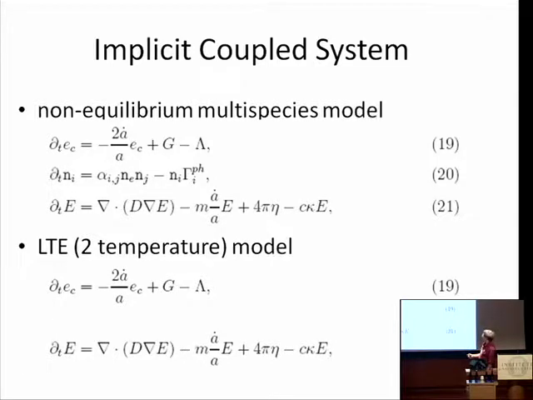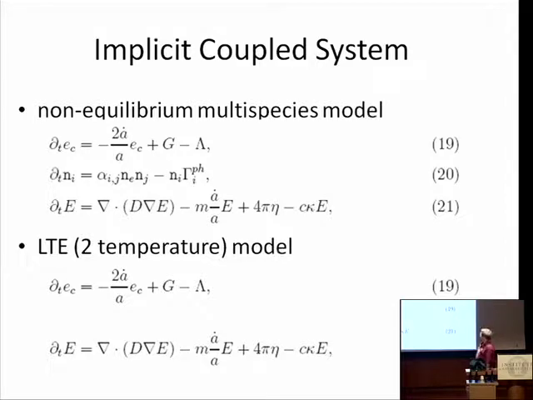So we have a non-equilibrium multi-species model where we have a correction to the gas energy due to cosmological expansion and photoheating and radiative cooling. We have the stiff chemistry, and we've got the diffusion of radiation.